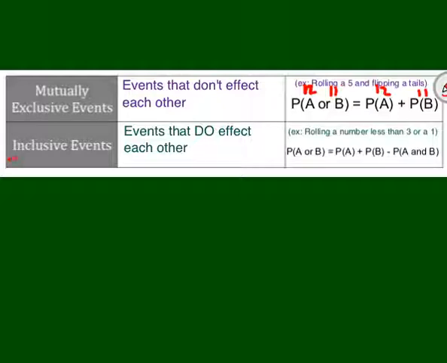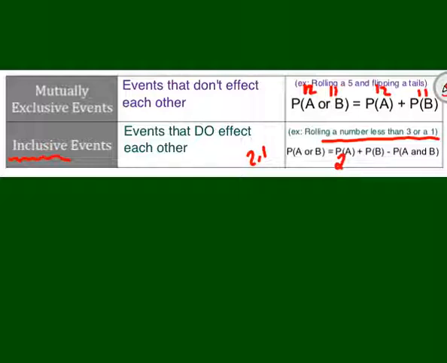However, every once in a while there will be inclusive events. Events that do affect each other. So rolling a number less than 3 or a 1. So when I did this, I would have said, okay, less than a 3, so that's a 2 or a 1. So there's 2 probabilities of that.